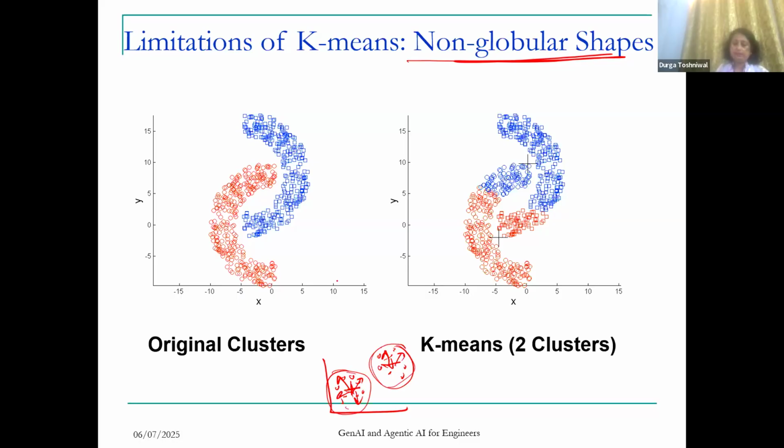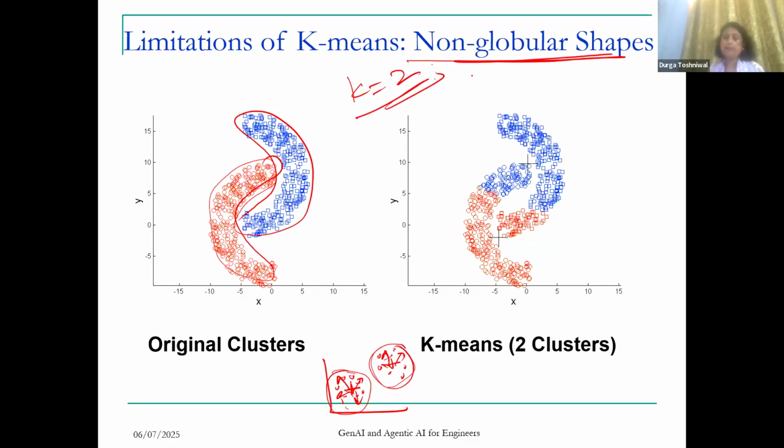Now let's see this set of points. The original clusters are shown in these two colors, orange and red. This is the correct clustering of the points. These are not circular in shape, and since there are two clusters, the correct value of k is equal to 2.